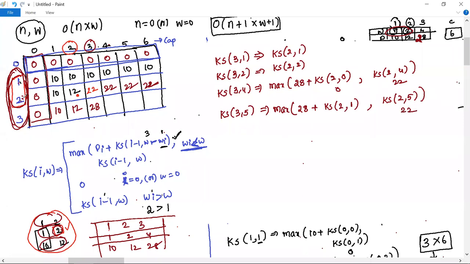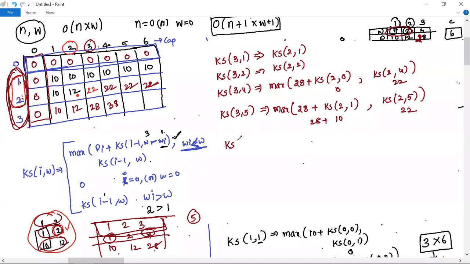What is 2, 1? 2, 1 is 10. Now you'll understand what I am trying to tell you, right? What is the total capacity of the knapsack? 5. And you have three objects. It is more clearly telling I can include this object and I can include this object. 28 plus 10 will give you 38. It is more intuitive also, right?